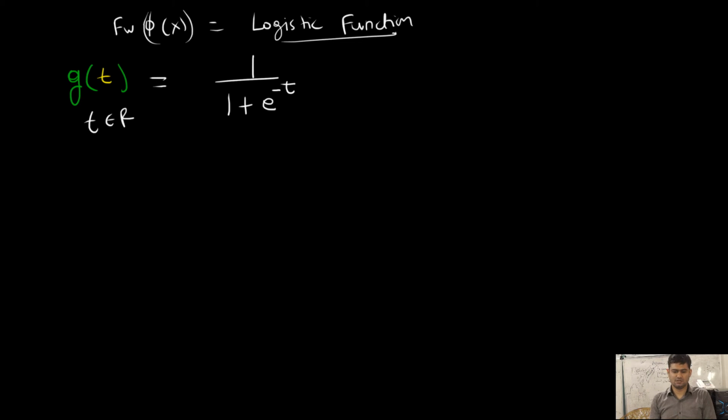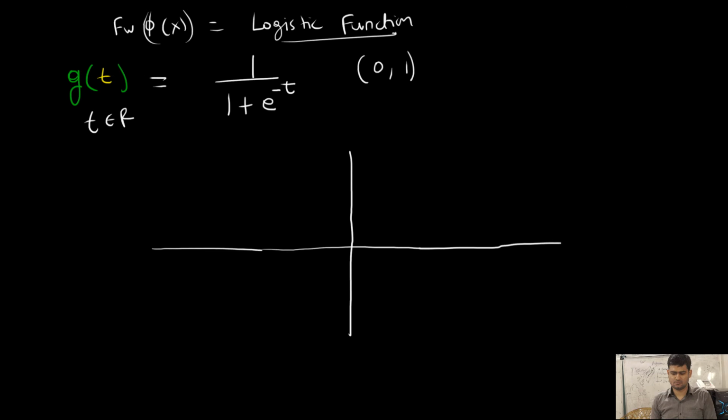If you plot this function, it satisfies the constraint. The range of this function is between 0 and 1. If we plot it, it looks something like this.